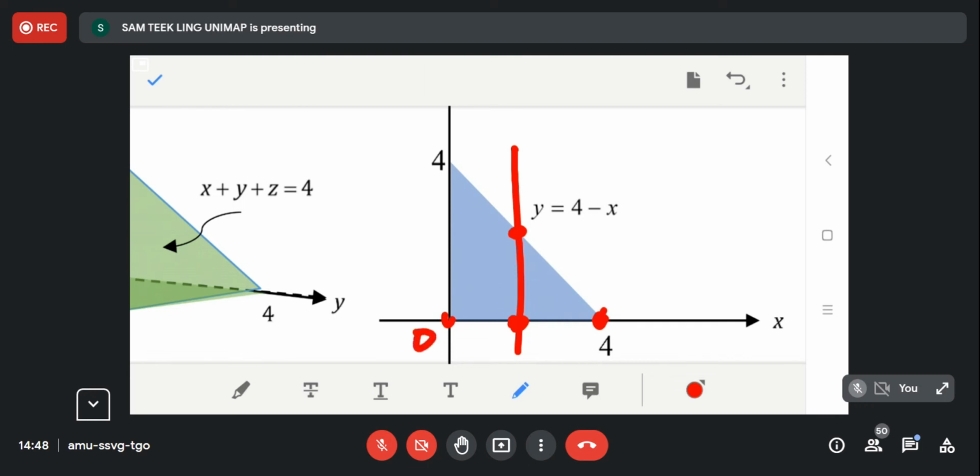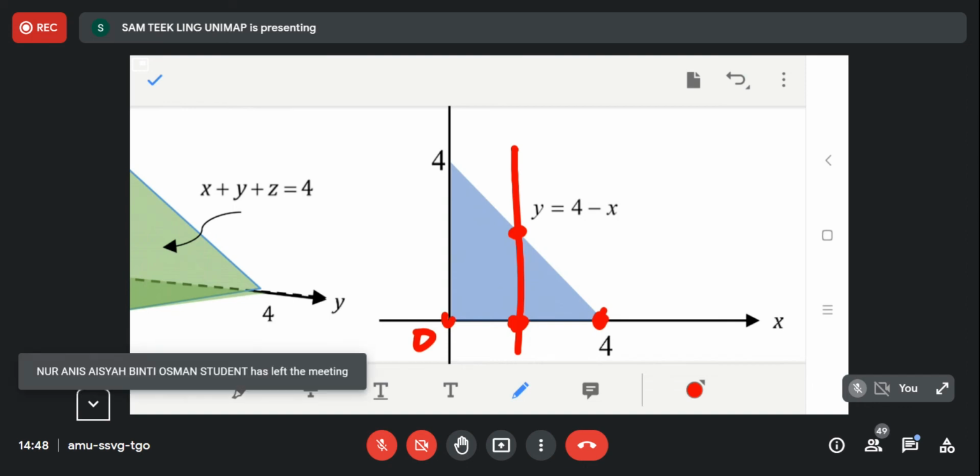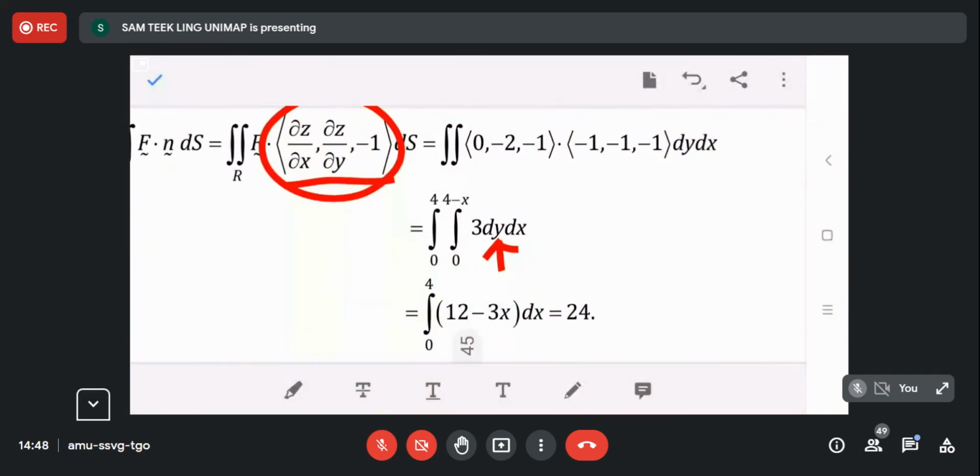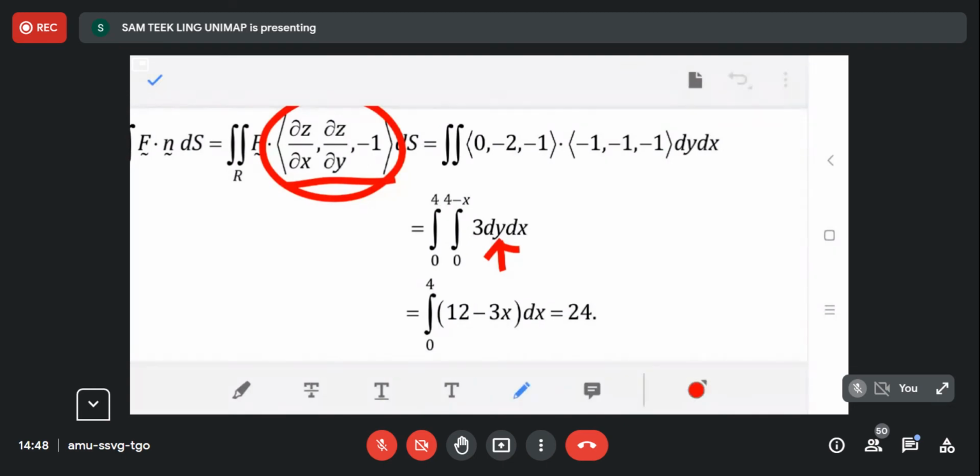Your y value limit is 0 to 4 minus x. So this is how your limit is. After you get the limits, you can solve. This one cannot apply any polar, so we solve dx dy or dy dx.